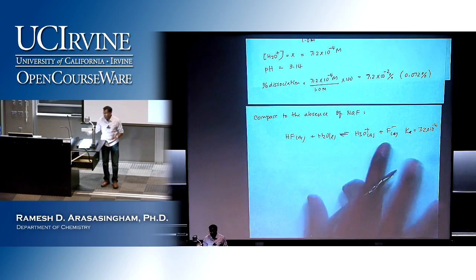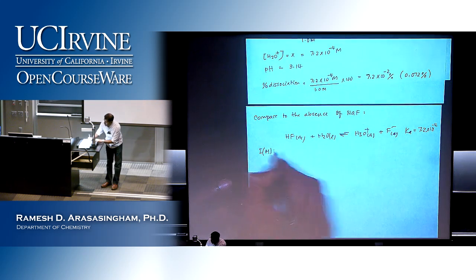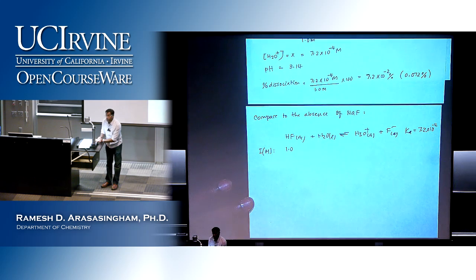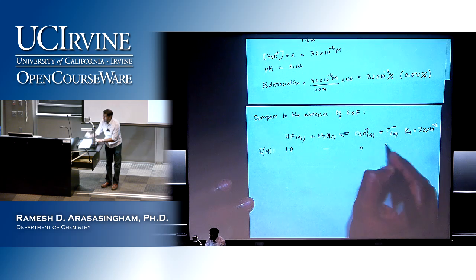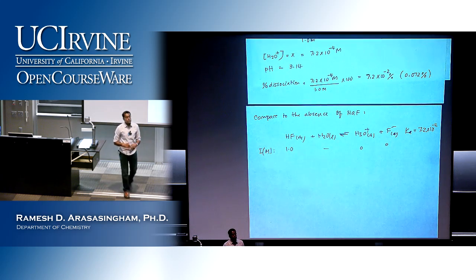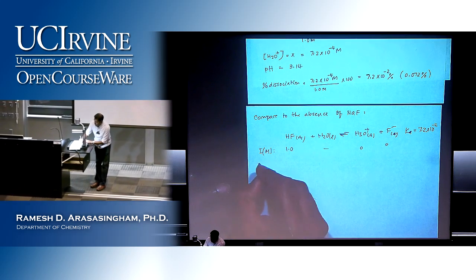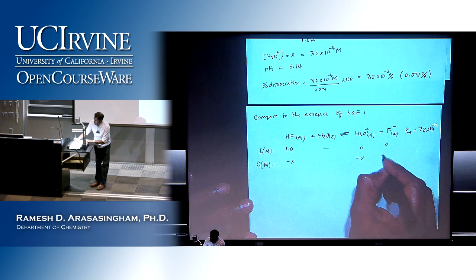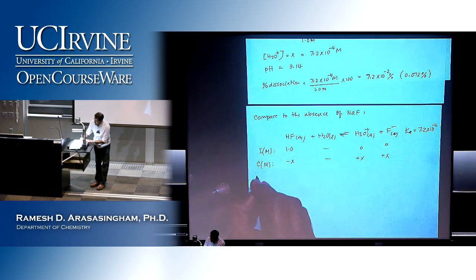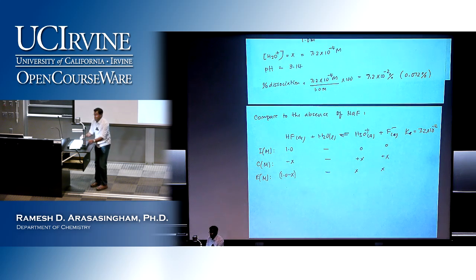So now I don't have any common ion in there, so my initial concentration would be just the 1 molar of HF, not concerned about water. Since I don't have any added salt, my fluoride ion concentration to begin would be 0. Therefore, the change would be minus x plus x plus x. Therefore, at equilibrium, I would have 1 minus x, x, x.